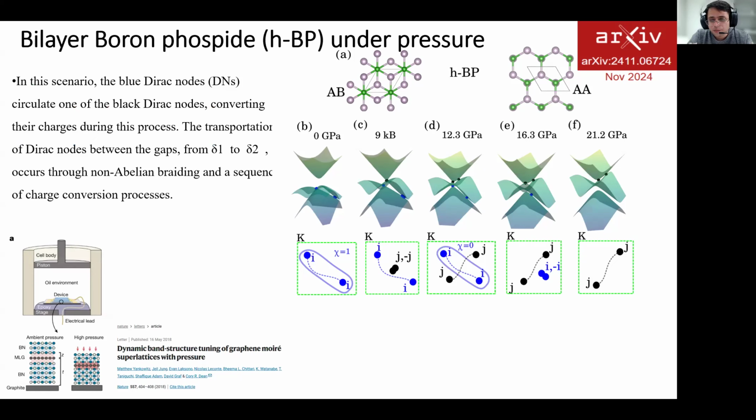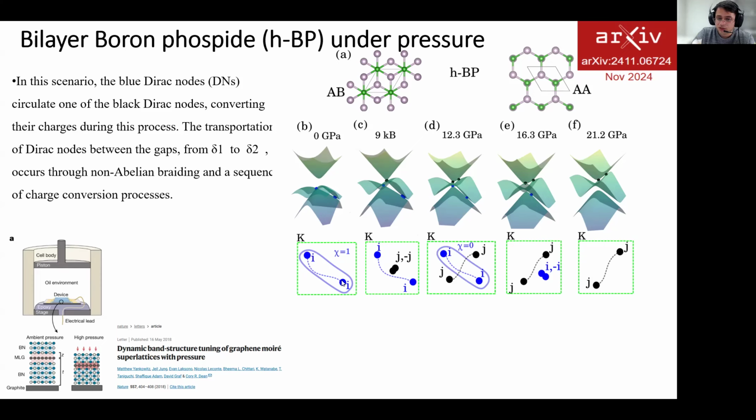This is because if you have a sufficient sublattice potential, then without pressure, at the beginning you have two Dirac nodes at the lower band, or one quadratic band touching at the lower band, and when you increase the pressure, this goes to some braiding procedure actually.